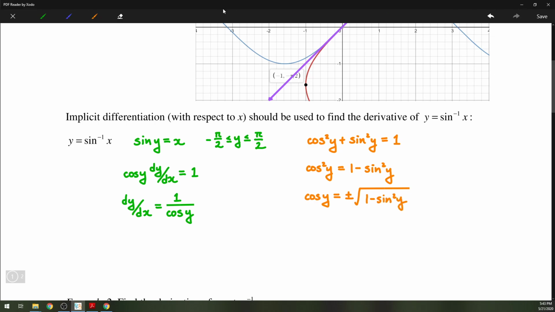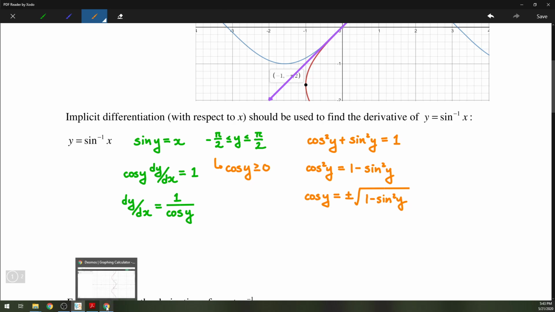But now our range restriction is going to come in, because if y is between negative pi over 2 and pi over 2, then cosine y is going to be greater than or equal to 0. And how do we know that?